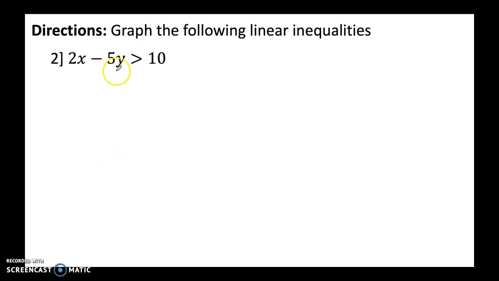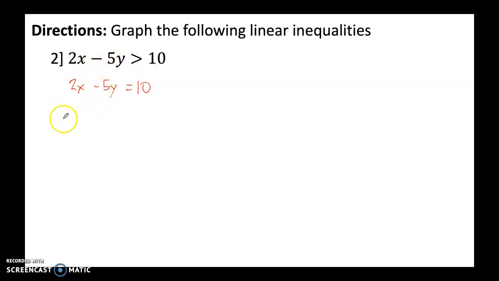Step 1, we write the inequality as a linear equation. So we have 2x minus 5y is equal to 10.